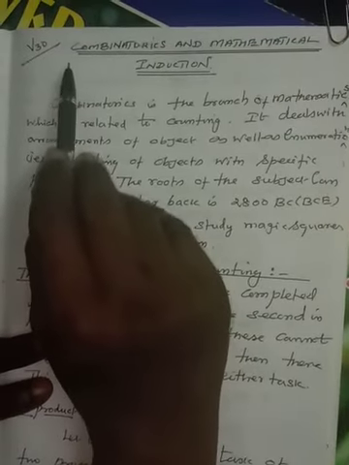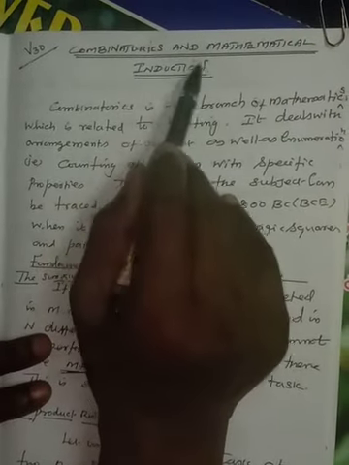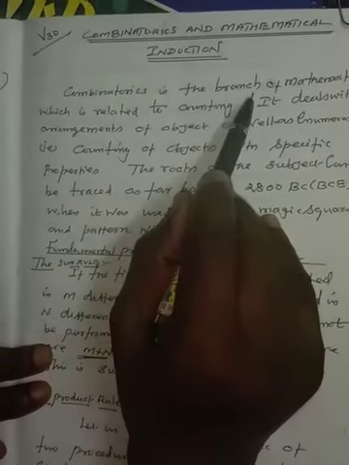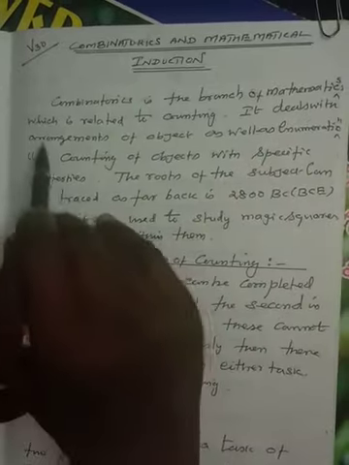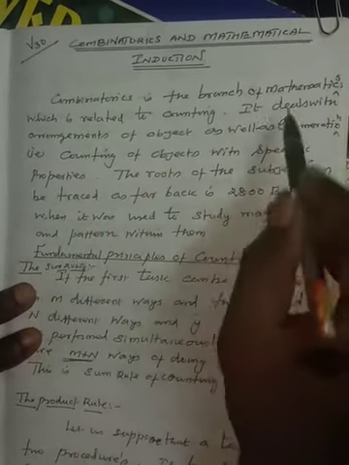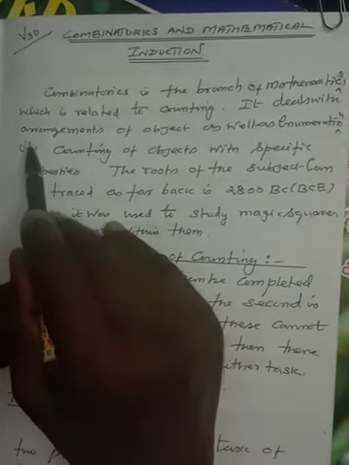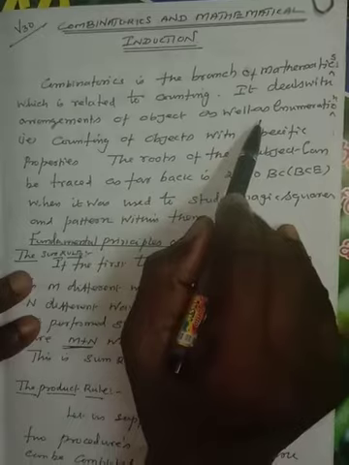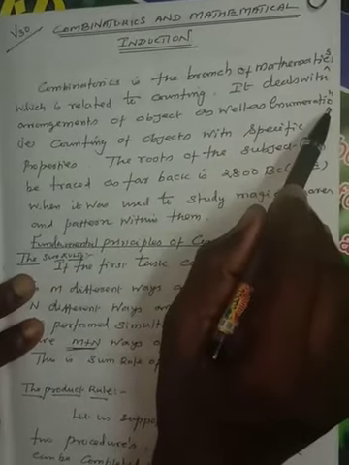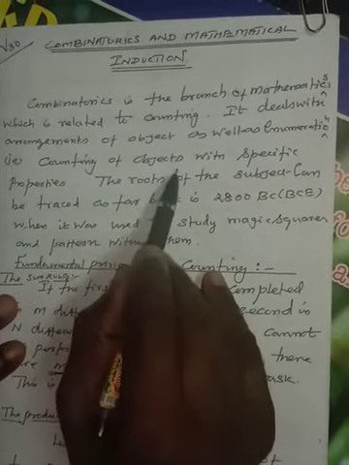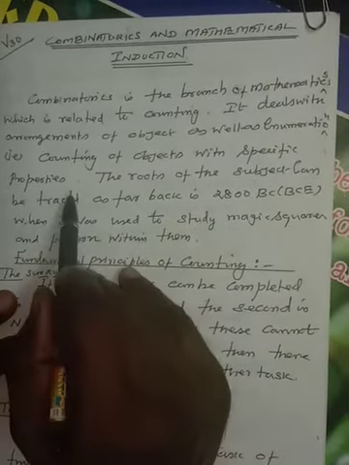Today's topic is combinatorics and mathematical induction. Combinatorics is the branch of mathematics which is related to counting. It deals with arrangements of objects as well as the enumeration, that is, counting of objects with specific properties.